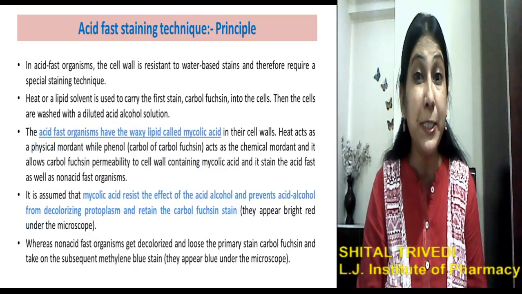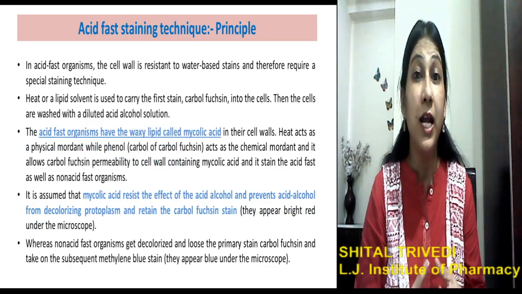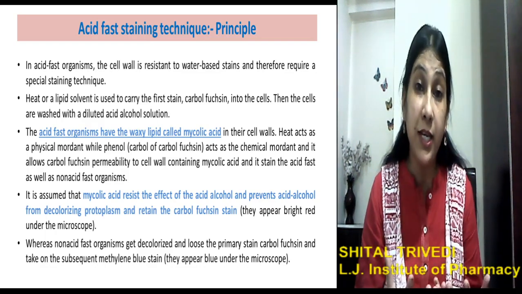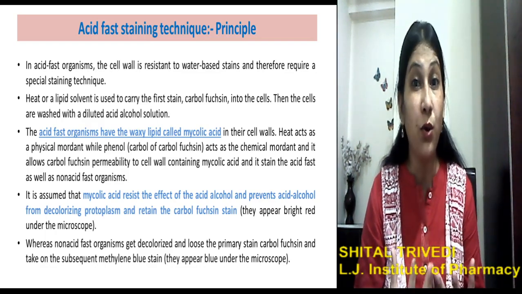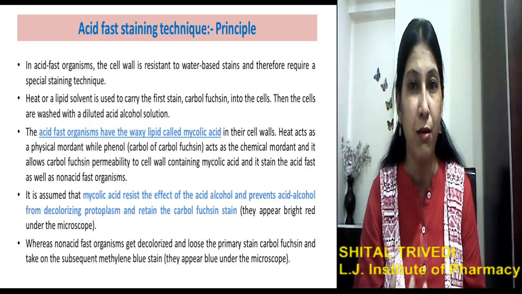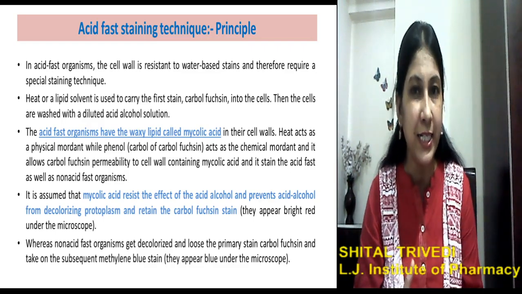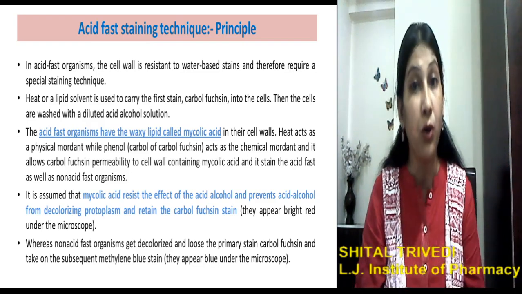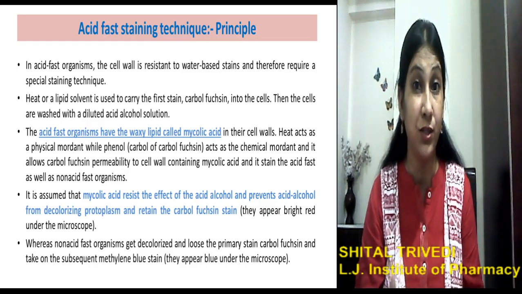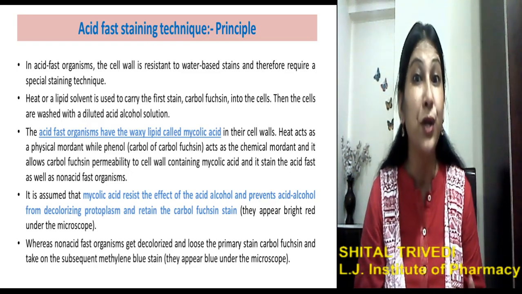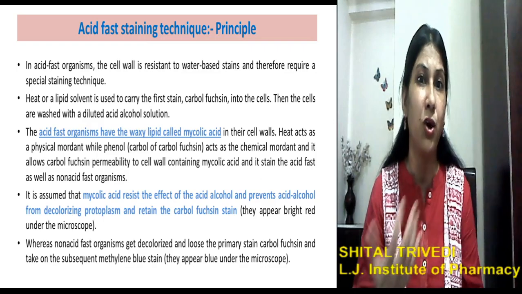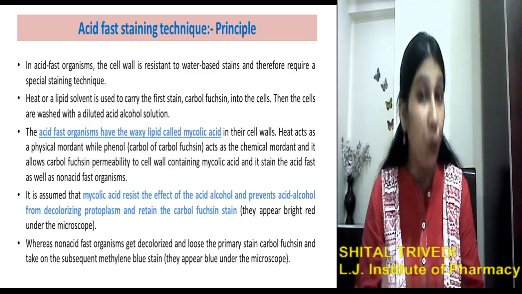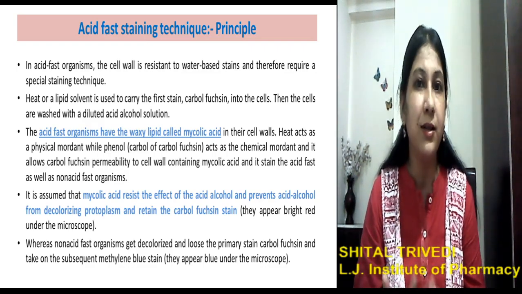Let's see the principle behind this staining technique. This technique is used to identify acid-fast organisms. These organisms have a unique component, a waxy lipid called mycolic acid, in their cell wall. Because of this mycolic acid, these organisms are resistant to the ordinary water-based primary stain and require a special technique.